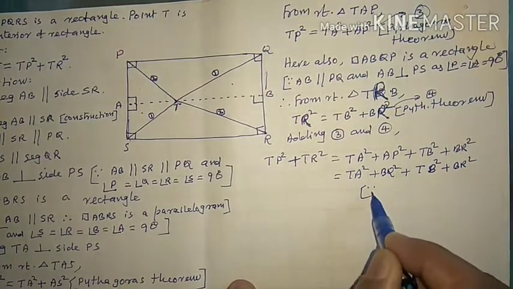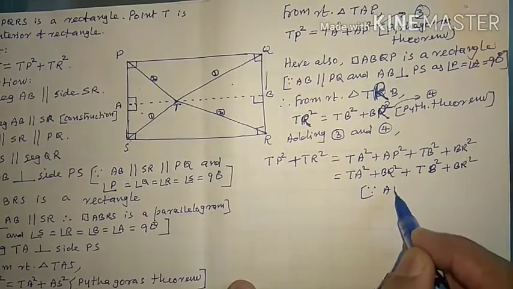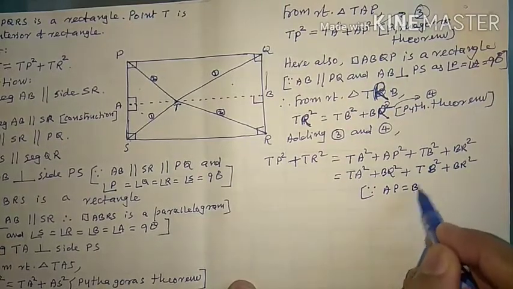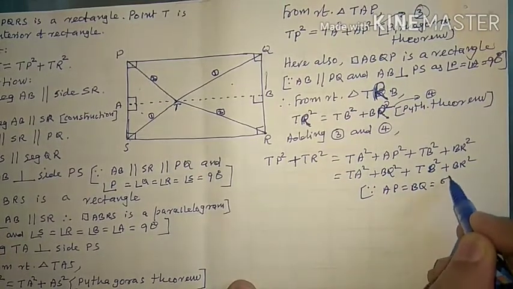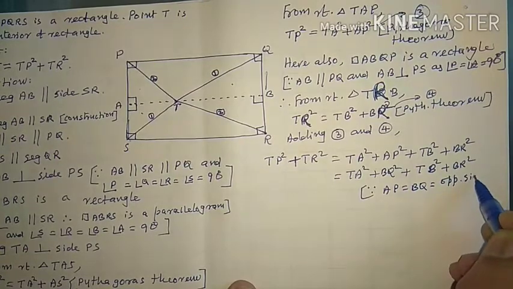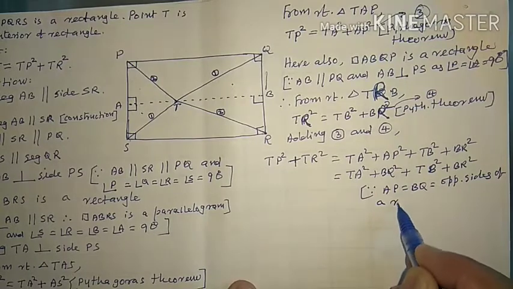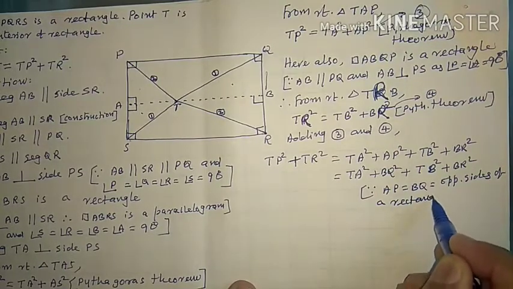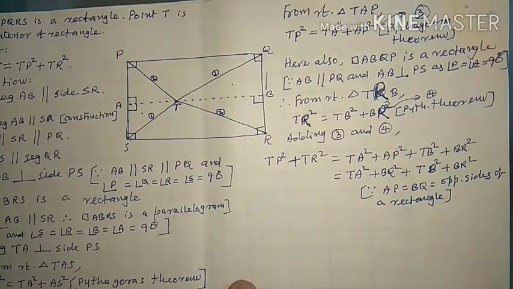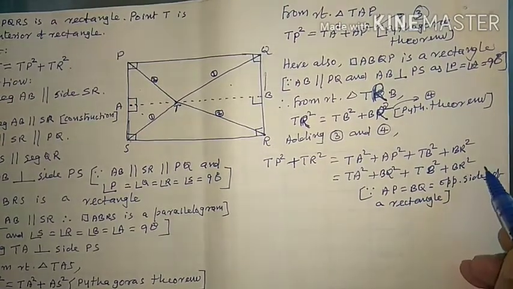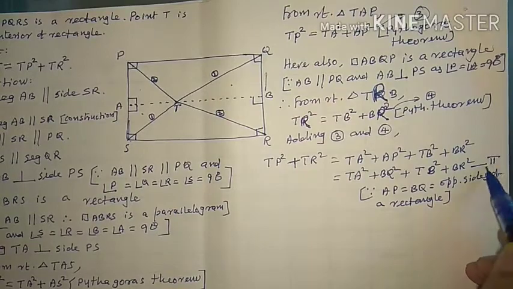Here we can consider, since AP equals BQ, equal to what? Opposite sides of a rectangle. Opposite sides of a rectangle are congruent. Therefore, this one you see, this we consider the big equation 2.